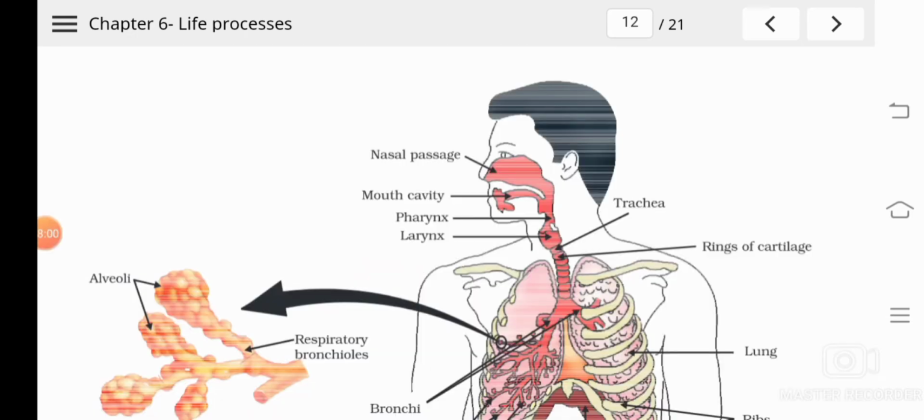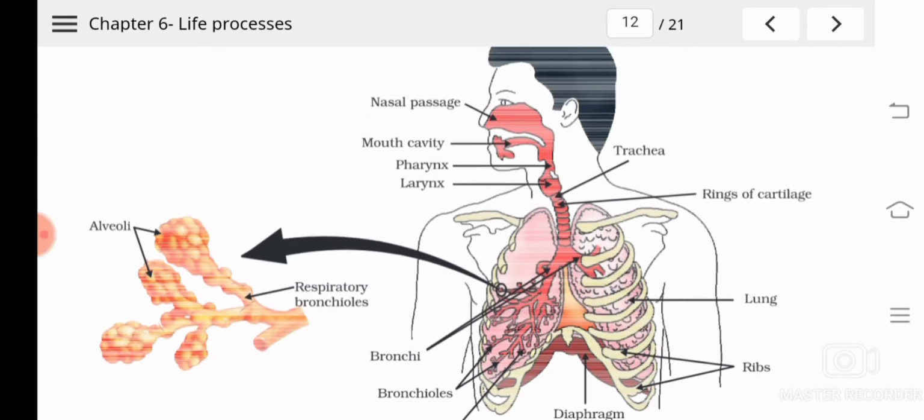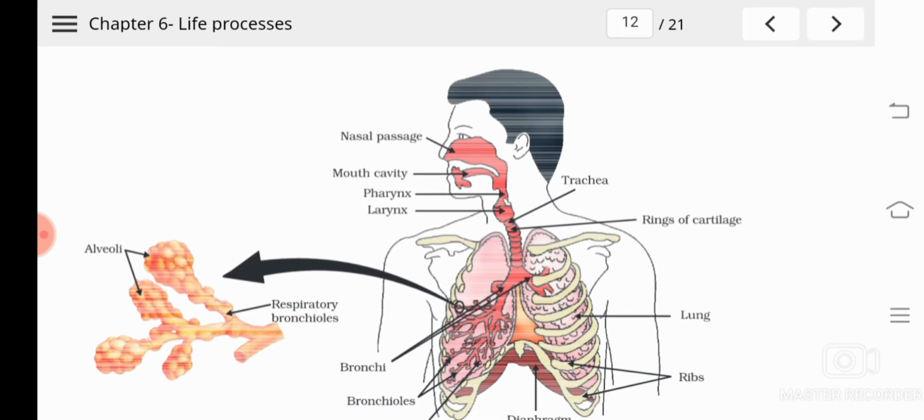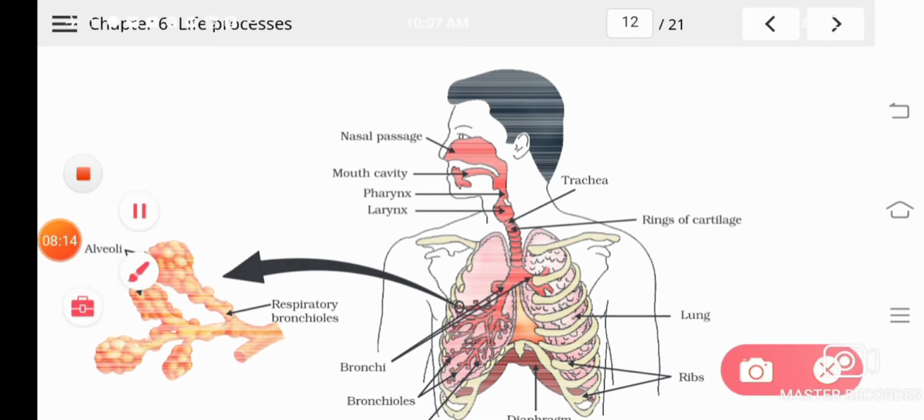So now let's see how the respiratory system is present in human beings. The respiratory system of human beings consists of various parts like nostril, nasal passages, then the pharynx, which is a common region for both the respiratory and the digestive system.